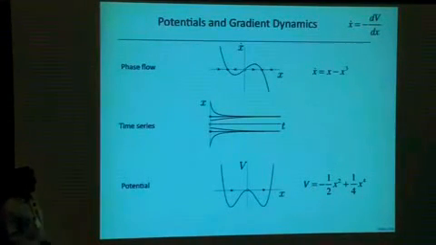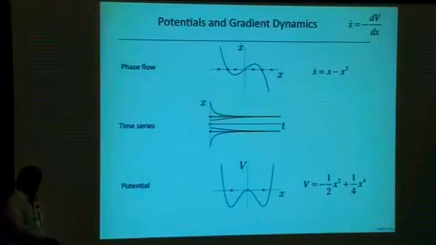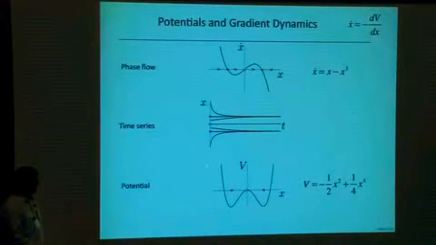So here, let's look at the time series. All dynamics evolves towards the two stable fixed points. So that's like being in a potential landscape where a ball rolls down and stops at the minimum. This is represented here. Here you have the horizontal axis, x, and this is your potential landscape.